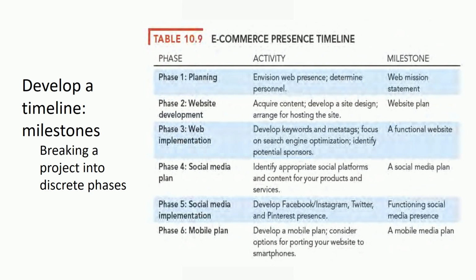And then the next one is web implementation. So web implementation includes the activity of developing the keywords and meta tags, focusing on search engine optimization, and identifying the potential sponsors.